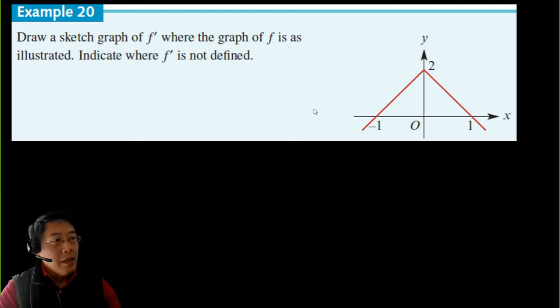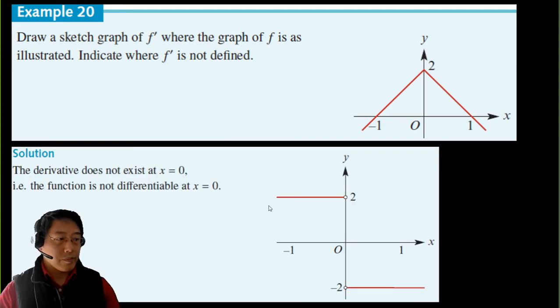Okay, so when you graph your derivative for x less than 0, you will have a gradient, a straight horizontal line of y equals 2. On the right hand side, for x greater than 0, the line is going negative, so the derivative will be y equals negative 2.